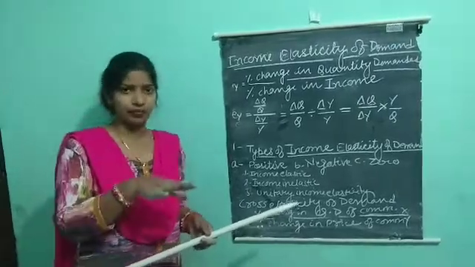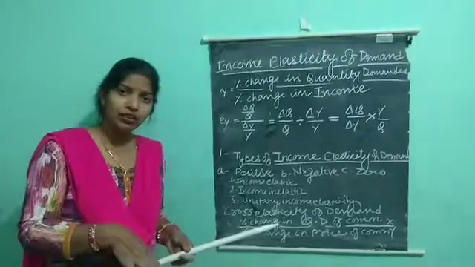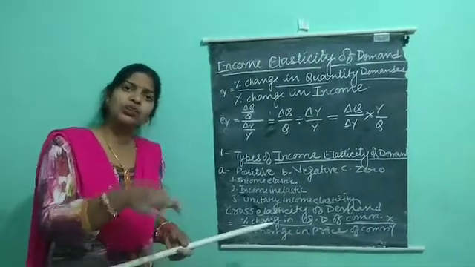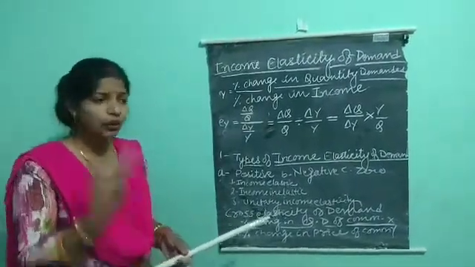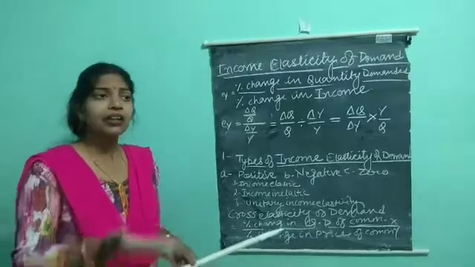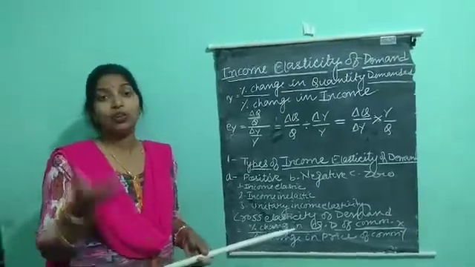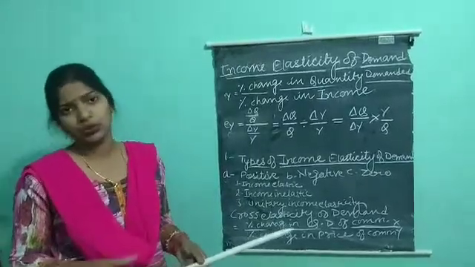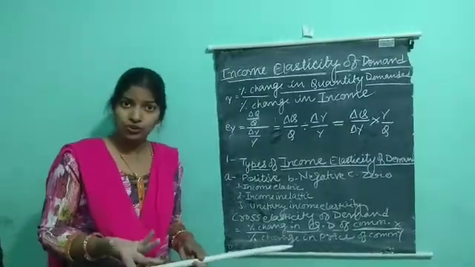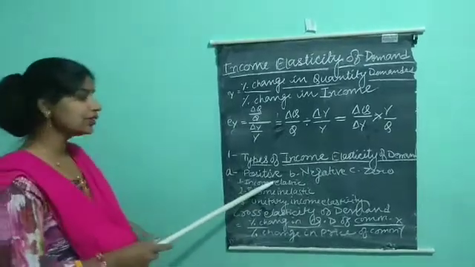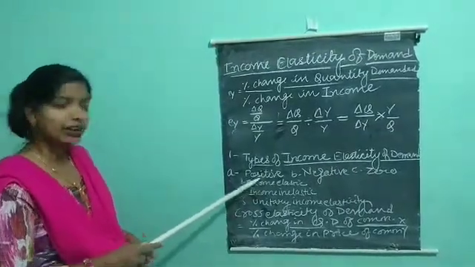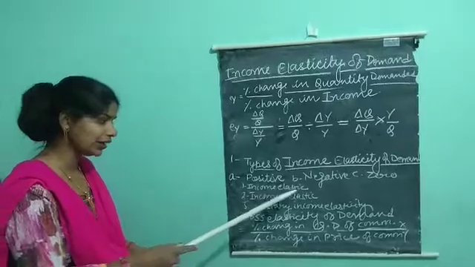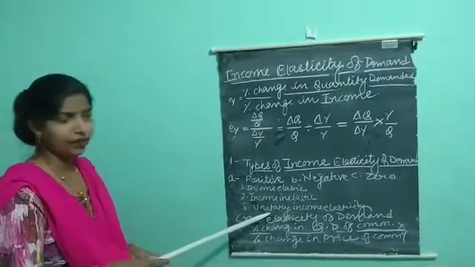If income is falling, the demand by the consumer is also falling, because this is human tendency. As income rises, the consumer's standard also increases, and accordingly the consumer likes to purchase standard goods, more goods, right? This is called positive. So we can divide it into three categories: income elastic, inelastic, and unitary.